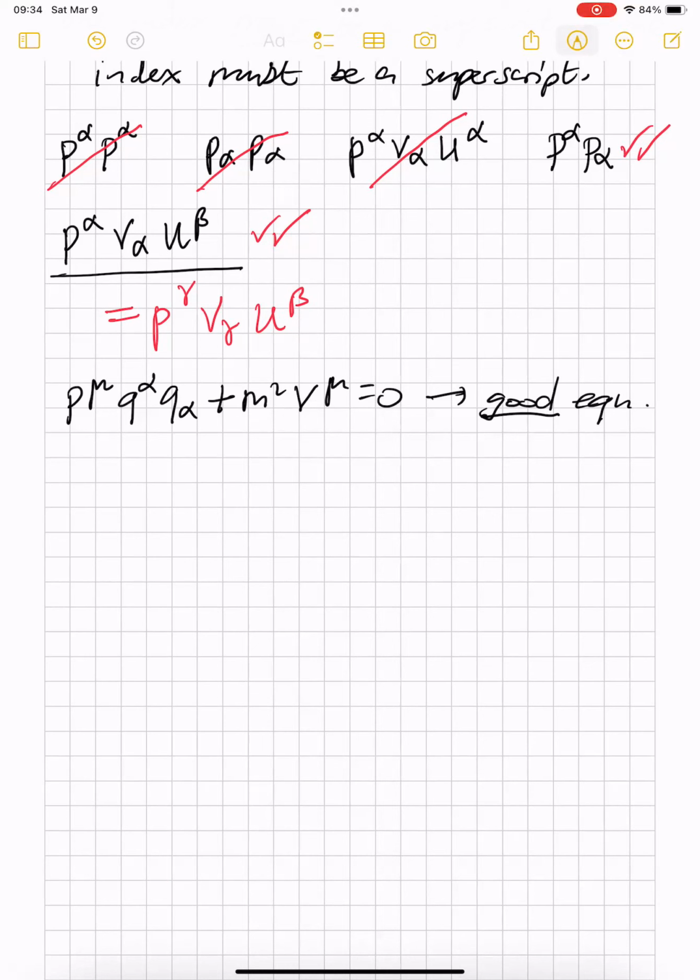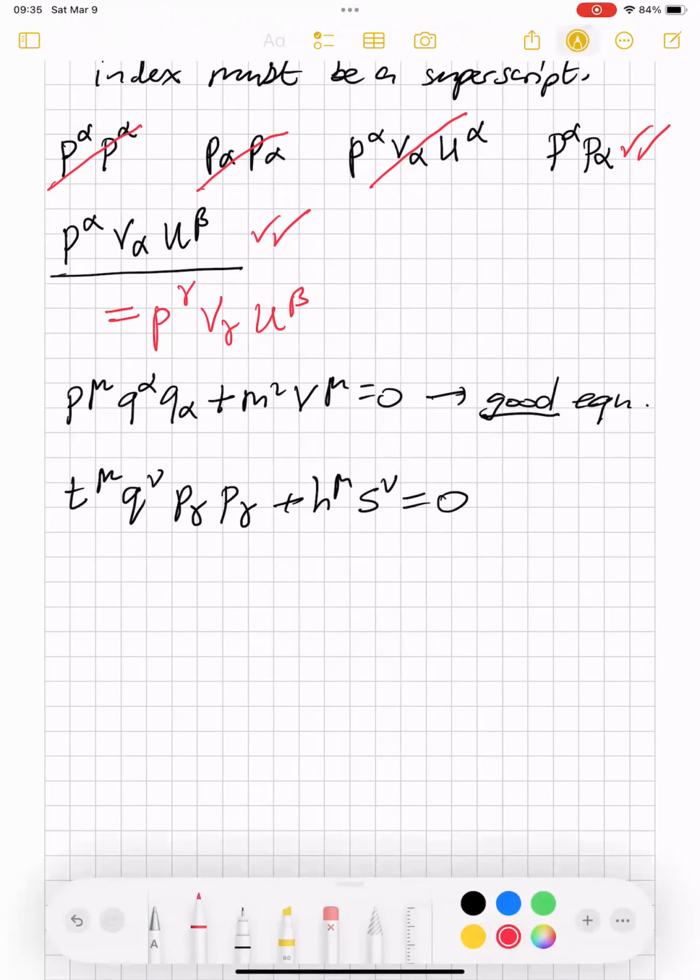Good. If I had something like, I don't know, T mu, Q nu, P gamma, plus H mu, S nu is equal to 0. This is a bad equation. Can you see why? So this is nonsense. Why? Well, it's nonsense because of the P gamma.